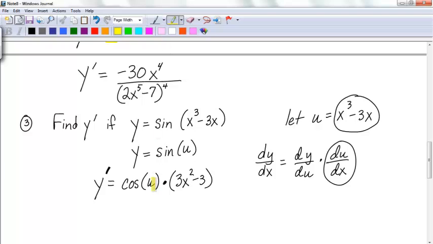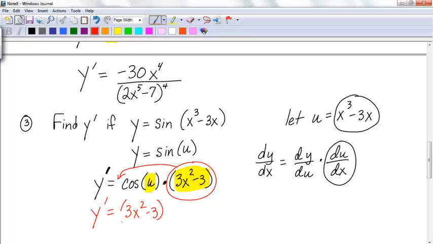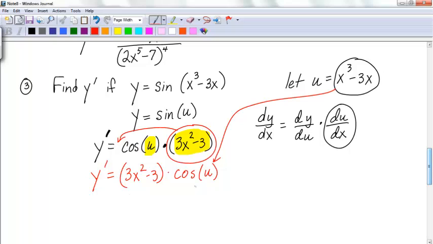Now, this is an angle. This is going to be a coefficient. So you're going to move this out front. So y prime equals 3x squared minus 3, which needs to be in parentheses, times the cosine. Now I could say cosine of u, but what's u? Sub that in. If you start with an x, you've got to end with an x.